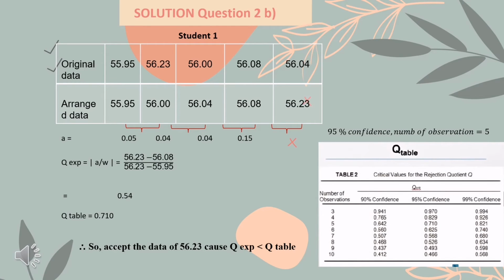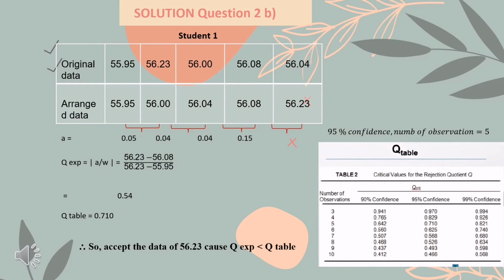In question B, for student 1, we know that the question wants 95% confidence, and in the table for 95% confidence and number of observations 5, the table shows 0.710.